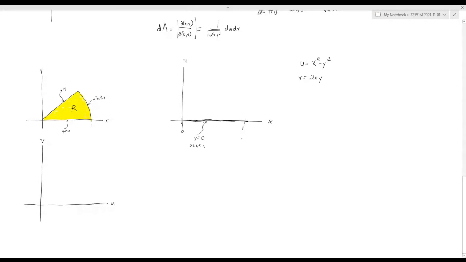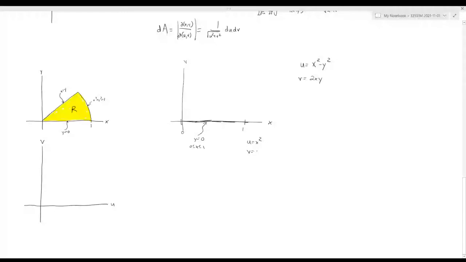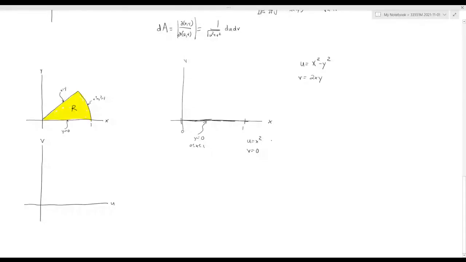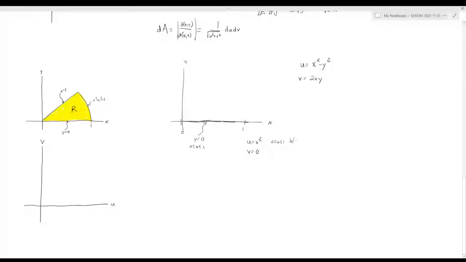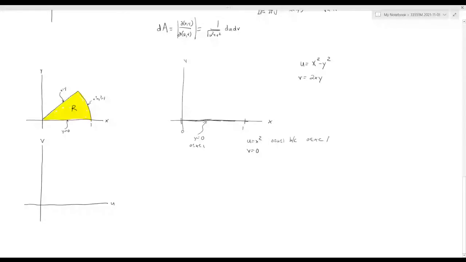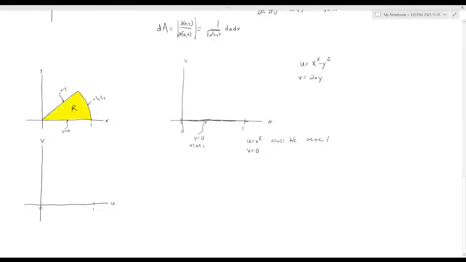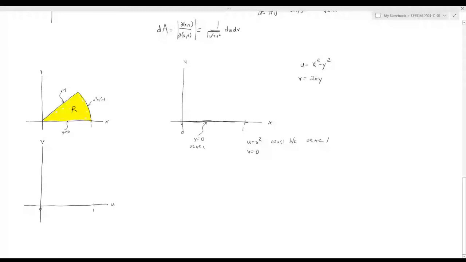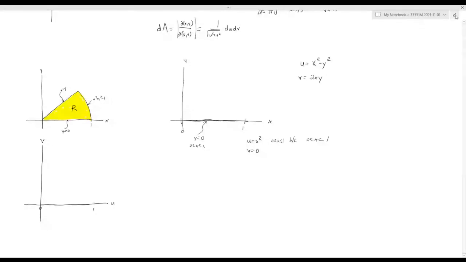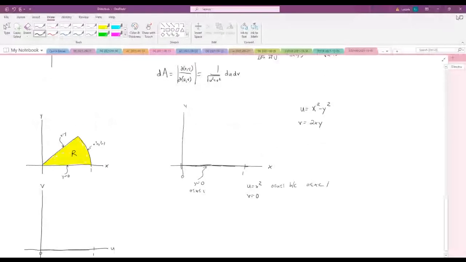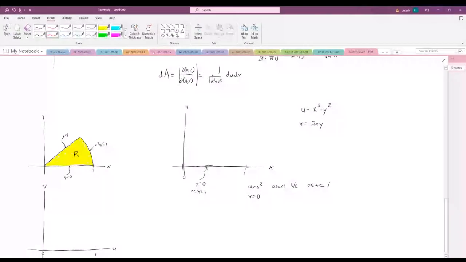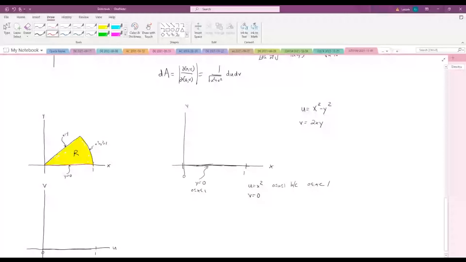If y is 0, then u is equal to x squared and v is 0. And as x goes from 0 to 1, so does u. So v equals 0 is just another way of saying the u-axis. So u will go from 0 to 1 while v is 0. So this segment, the x-axis, maps to itself.